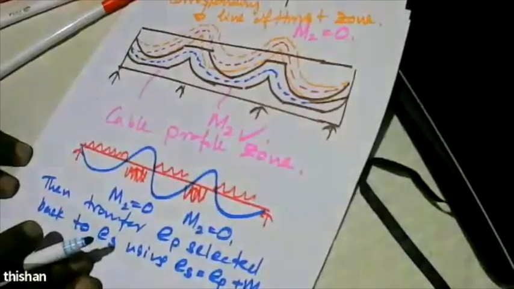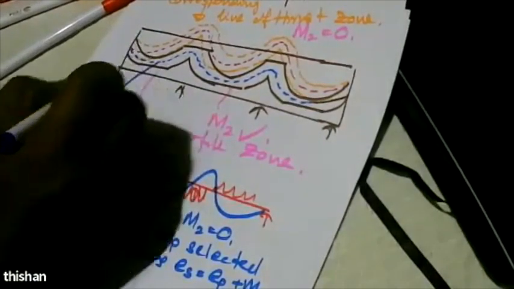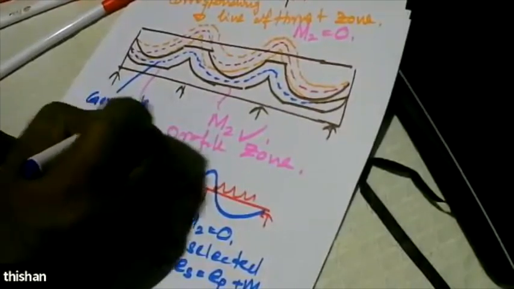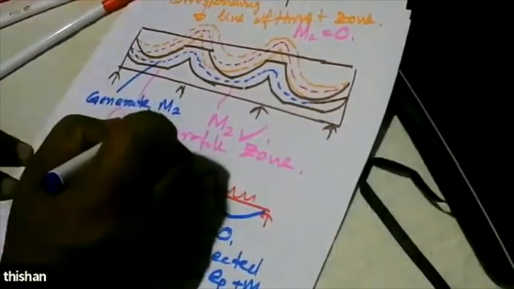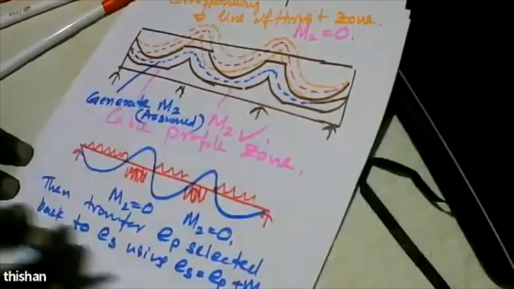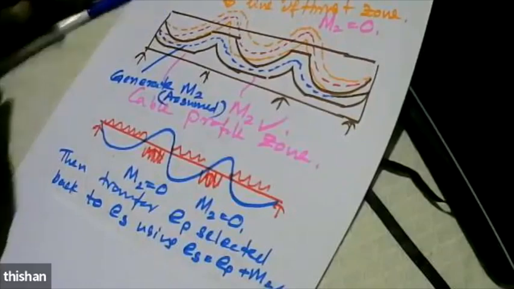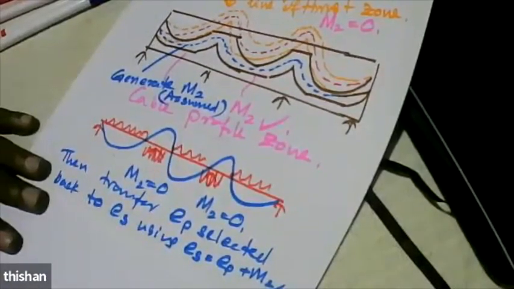And what is the specialty? This new diagram will generate the M2 that you have assumed. So we can numerically show on our spreadsheet if we do this calculation. Using this method, we can prove that what is assumed is obtained.